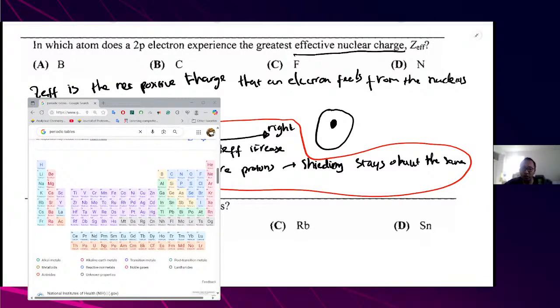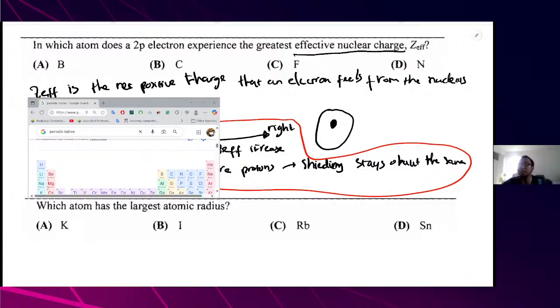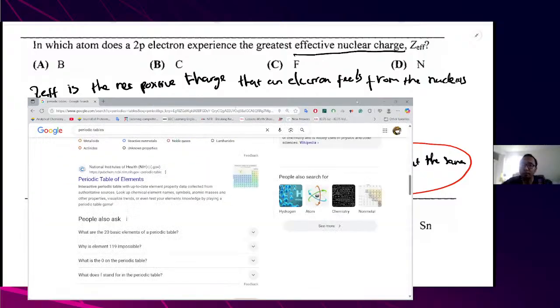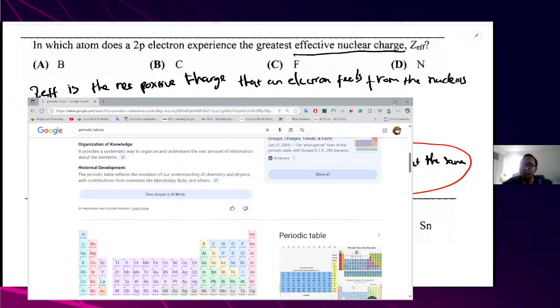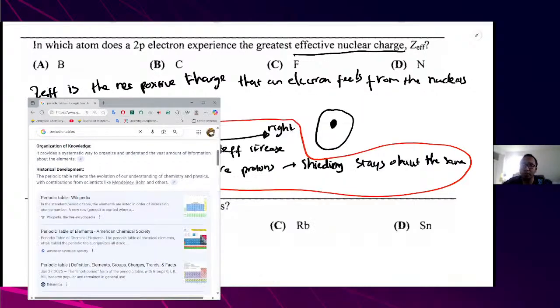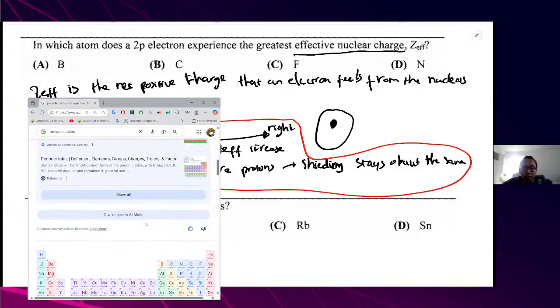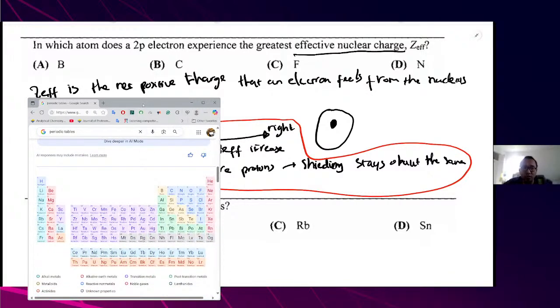I will show you how to use this periodic table. The concept of how to solve the problem I already explained. Let me make it smaller. Where is the periodic table? Yes, this one.